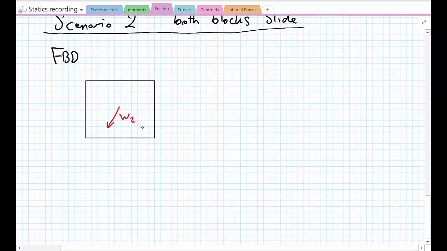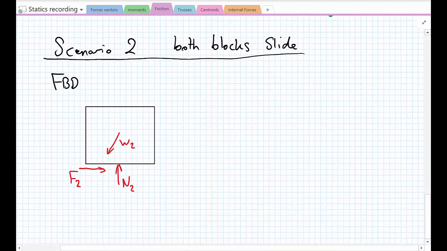I have W2, and this is again going to be at that angle theta. I'm expecting a normal force N2 to come from the incline to stop the motion along the incline. I'm expecting a friction force F2, but now the free body diagram gets a little more complicated in this scenario.